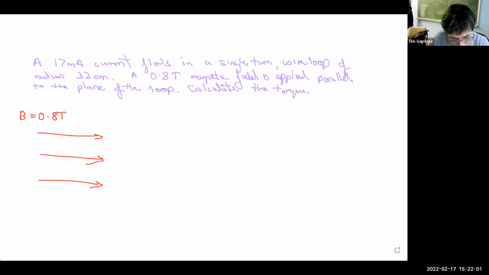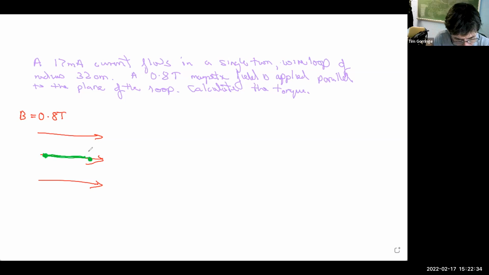Now, I'm going to draw the wire loop as if I'm looking down on its surface. So here it is. What I'm seeing in this picture is the top arm of the loop. Below that would be the bottom arm of the loop. Over here on the left is the left side of the loop, and over here on the right is the right side of the loop.